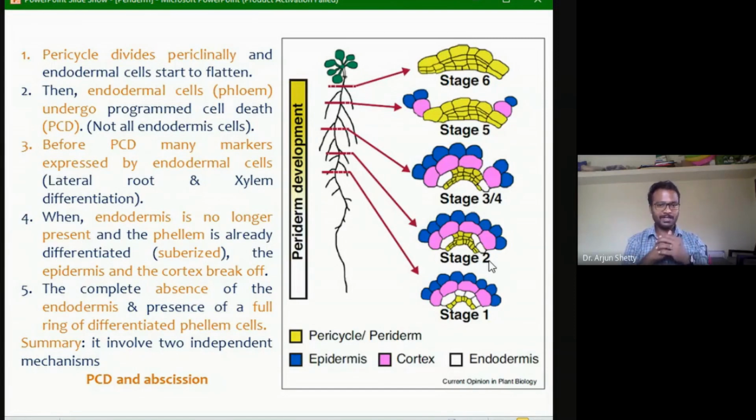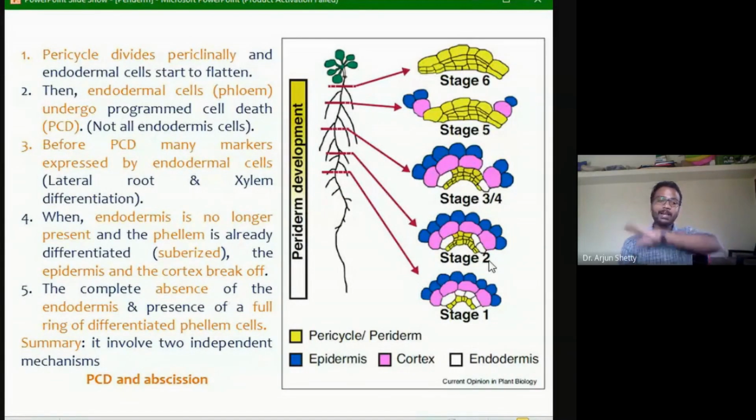These endodermal cells near the secondary phloem, because of the pressure exerted by the continued periclinal division as well as the growth of the outer protective layer, get compressed and undergo programmed cell death. They have no other option, so they die.